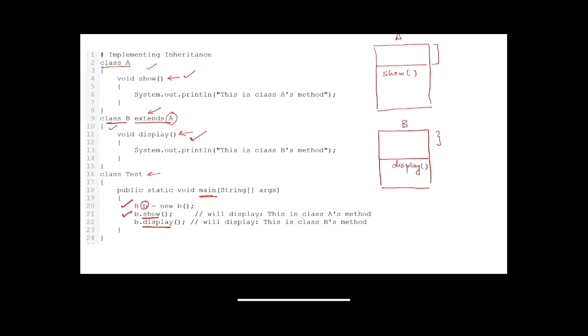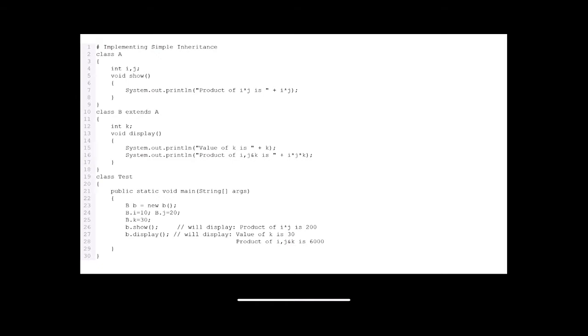Now if class B is inheriting A, all the variables and all the methods can be accessed by the object of this class. This is the reason that object.show did not give a compile error and was able to display "this is a class A method".